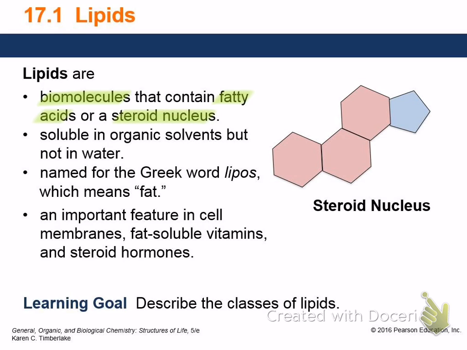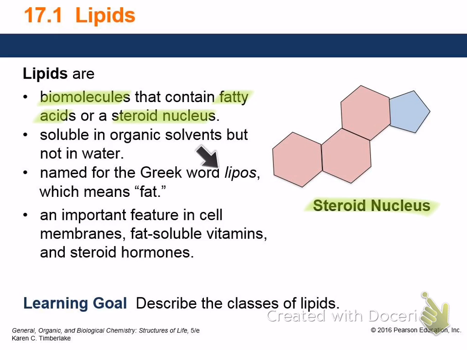This thing on the right is the steroid nucleus that you're looking at. They're soluble in organic solvents, and like I said, originally it was whatever you could dissolve into hexane. You can imagine that the steroid molecule, which is the nucleus of cholesterol and all the sex hormones, would be soluble in a nonpolar solvent because there's no oxygen in here at all. It's just all carbons. It's a hydrocarbon.